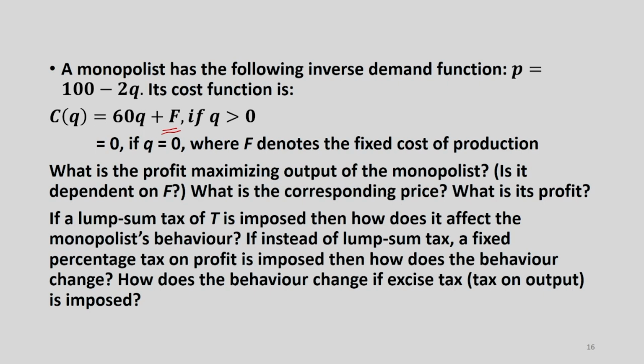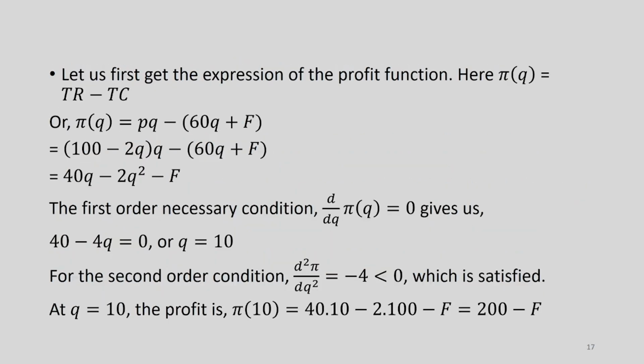How does the behavior change if excise tax, that is tax on output, is imposed? Okay, so it's quite a long question. We have to do it carefully and slowly to get the answer, but it's not very difficult.